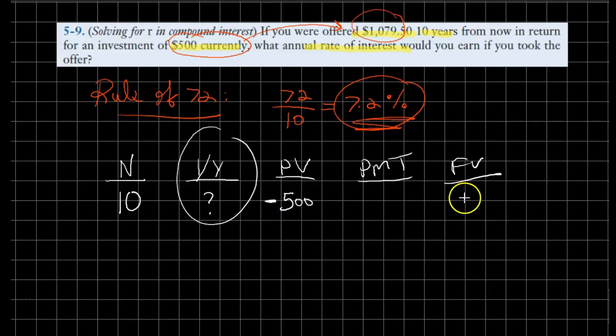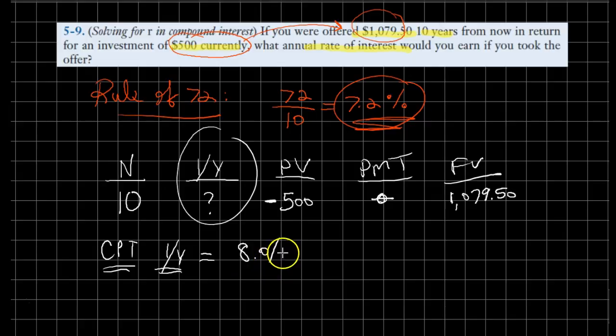This is a cash outflow, and in return we are promised to get back $1,079.50. This is a one-time payment we make initially, so this is not a stream of payments, therefore payments are 0. So we compute the I/Y, the rate of return on our investment, and as soon as we do that using our financial calculator, we get 8%.